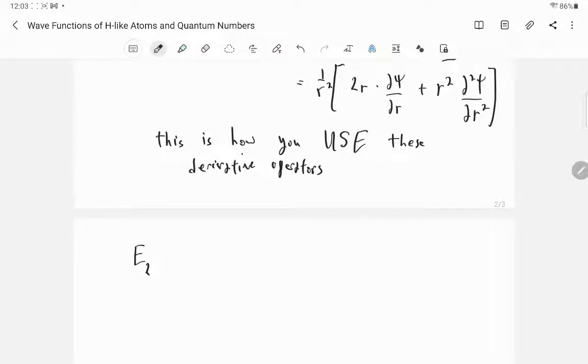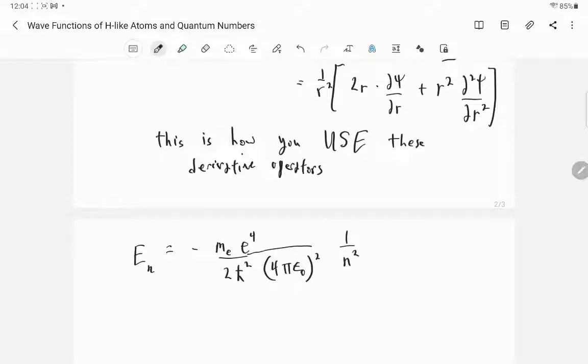So E sub 2, or actually, let me back off a second. So E sub n is equal to minus m sub e, and then I'm looking at your book, over twice h bar squared, and then 4 pi epsilon naught squared on the bottom, like this.